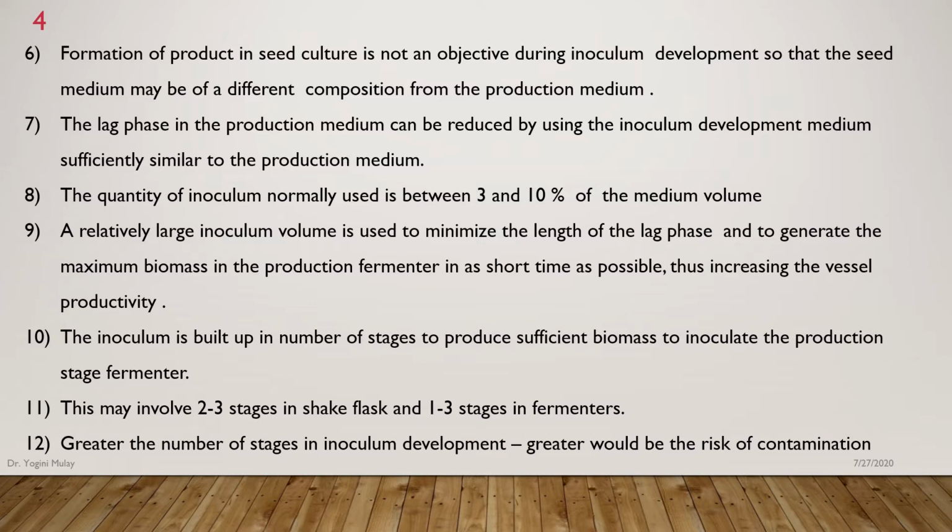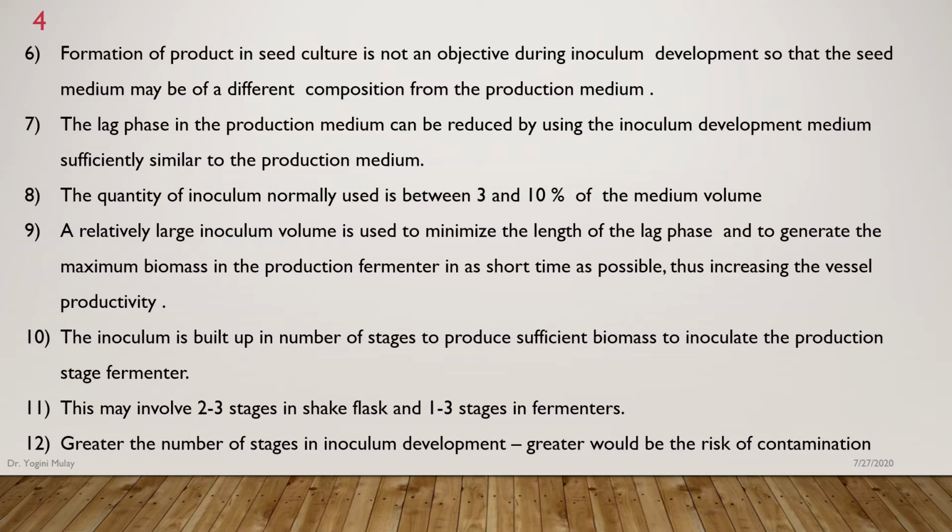A relatively large inoculum volume is used to minimize the length of the lag phase, and thus it will help to generate the maximum biomass within a short period of time, and thus it will help to increase the product.